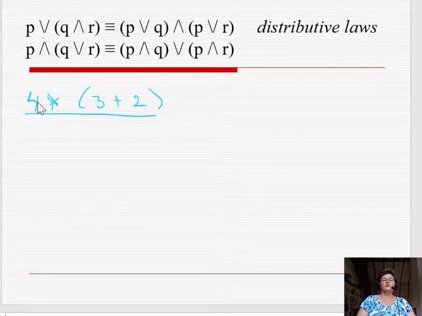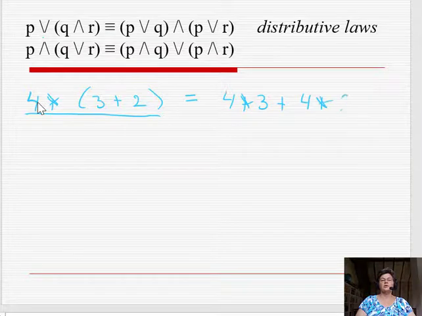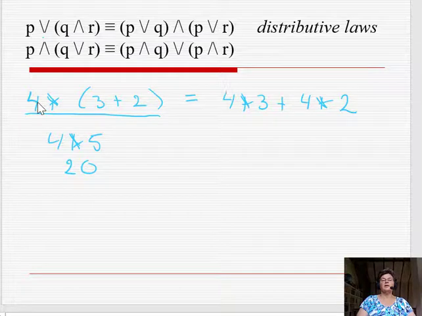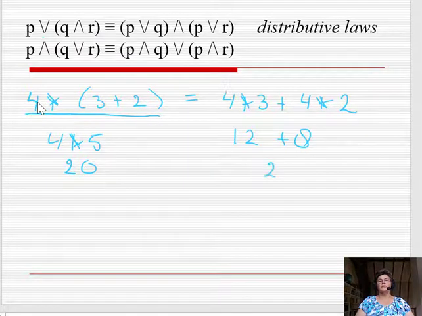In high school we all know that this is the same thing as 4 times 3 plus 4 times 2. So 4 times 3 plus 2, that would give us 4 times 5, which is 20, and that is exactly the same as 12 plus 8, which is 20. Distribution law.